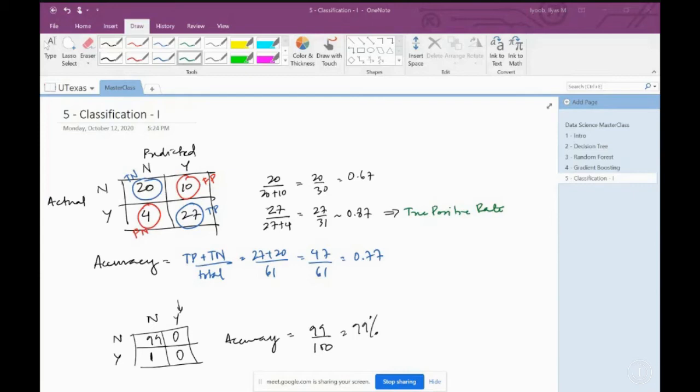And if we were to look at the ones we got wrong, let's take the ones that we got wrong. We got 10 wrong out of the people that actually didn't have the disease, right? So 10 over 30, which is about 0.3.